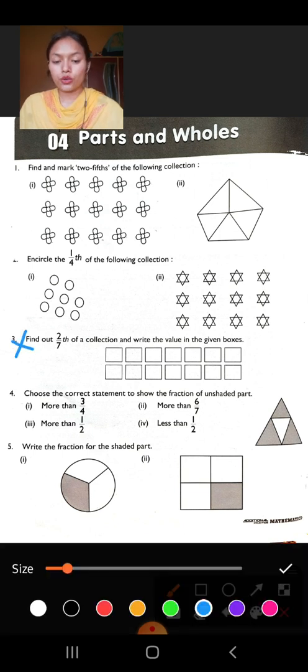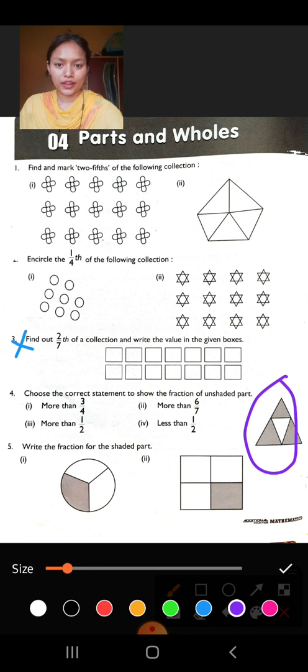Okay. Now question number 4, it is choose the correct statement to show the fractions of the unshaded part. Can you see this picture here? Picture of a triangle. Now in this one you can see only one portion is not shaded and others are shaded. Out of 4 only one is unshaded. So it is 1 upon 4. Now 1/4 part, it means quarter part. So quarter is always less than half or not?